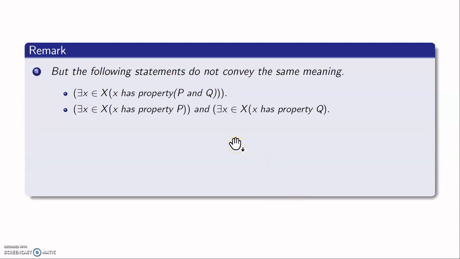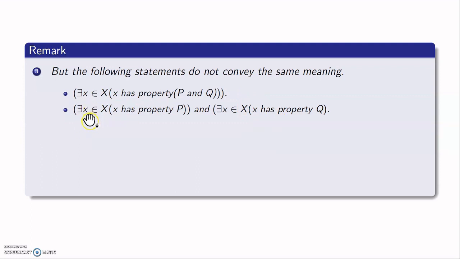But if you look at these two statements, they need not convey the same meaning. Okay. If you look at the first one, there exists a point x in X such that x has property P and Q. There is one point in X which has both the properties P and Q, and I will split that into two parts. There is a point in X which has property P, and there is a point in X which has property Q. Do they convey the same meaning?